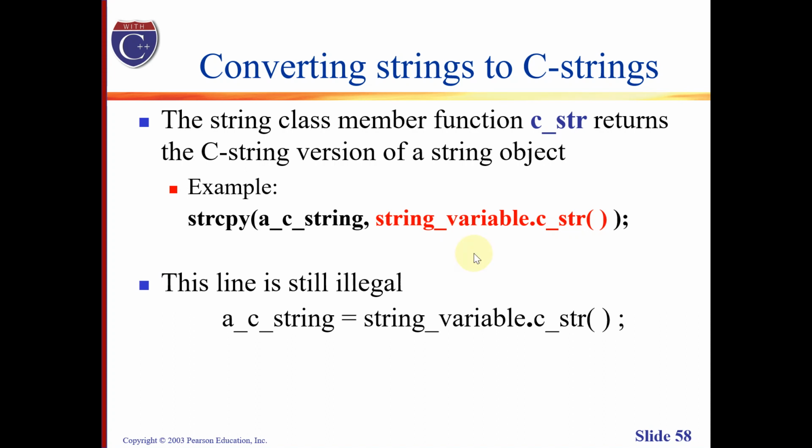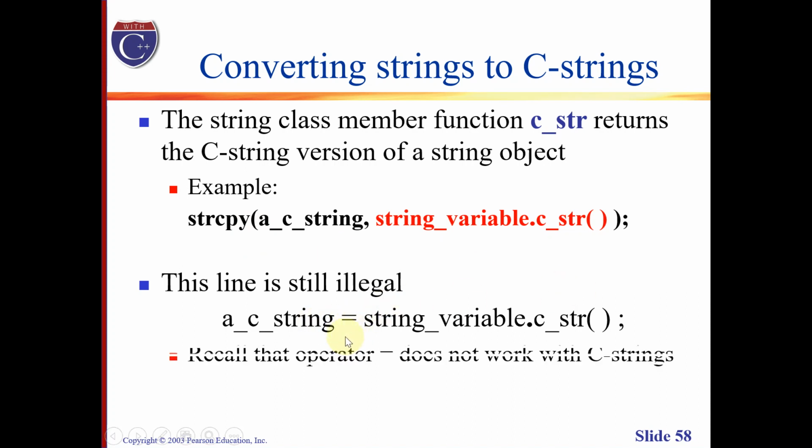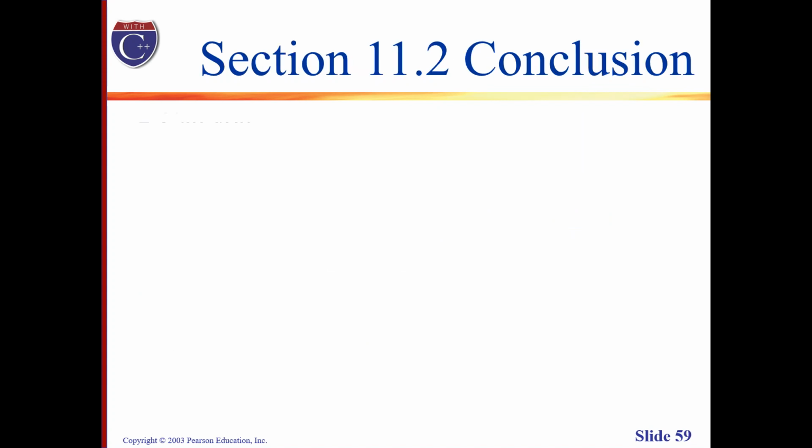However, take note that doing this is not allowed. Hence, that is why we use this function to do the conversion from strings to C-strings. We cannot simply do this using the assignment operator. It's because the assignment operator does not work with C-strings.